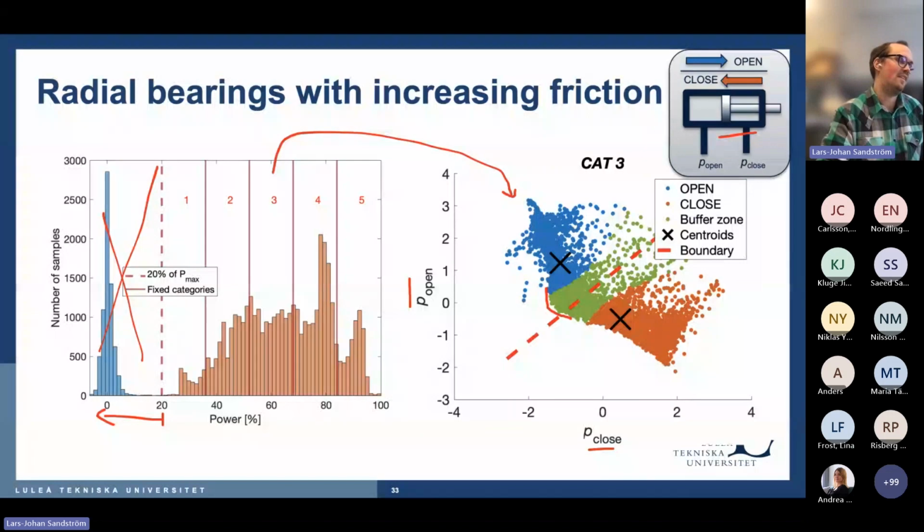In this knee, we more or less have where we differentiate if we are opening or closing the turbine. So if we go upside here, we have a larger opening pressure, which means that we are opening the turbine, or if we go in this direction, we are closing the turbine.